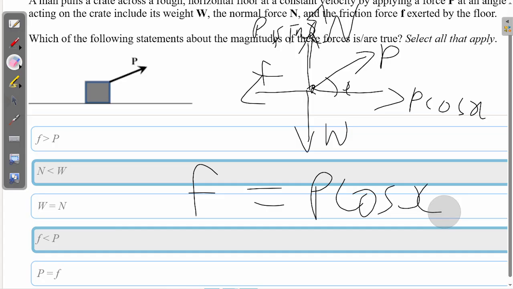P cosine x is less than P. We know this because cosine of anything is always like 0 point something, so it's gonna be less. So if P cosine x is less than P, we can just replace it with f. So f is less than P, not greater. So this is the one that's correct actually.